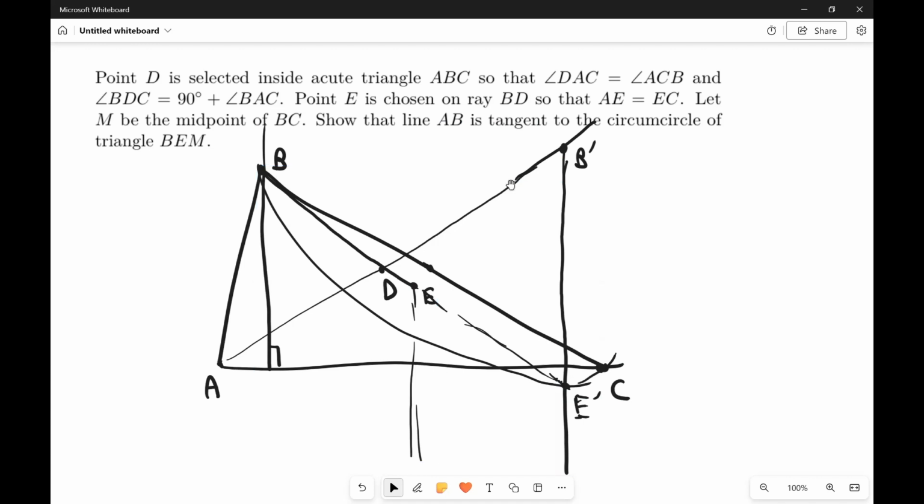So that means that the lines perpendicular to AC going through B and B prime are reflections across the perpendicular bisector. And moreover, since angle CAD is equal to angle BCA, this triangle here is isosceles, and it intersects at a point such that AB B prime C is an isosceles trapezoid.